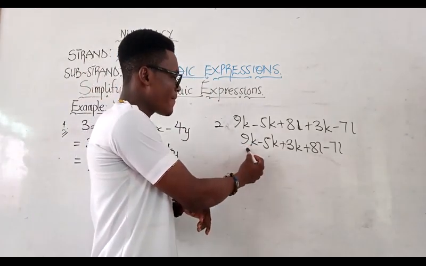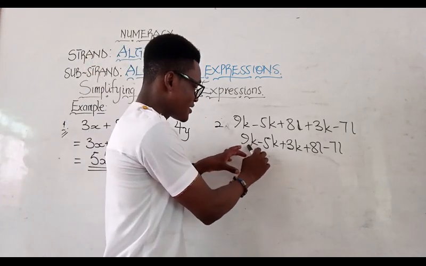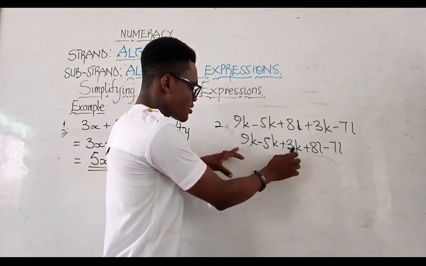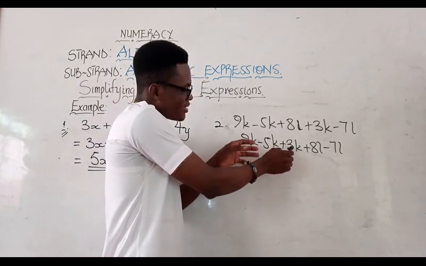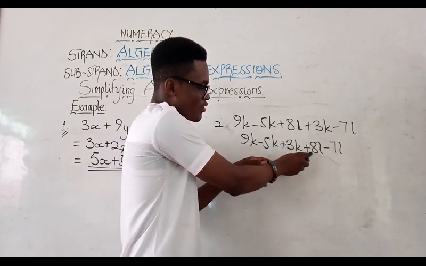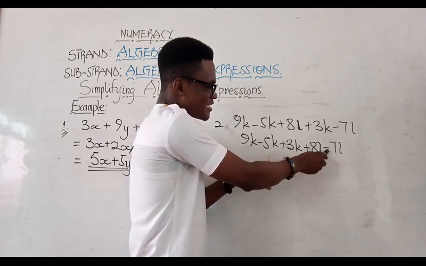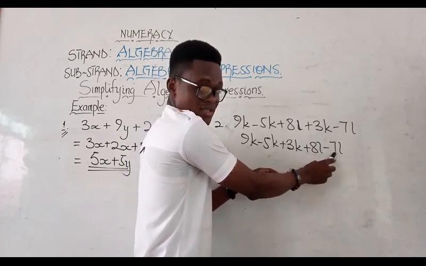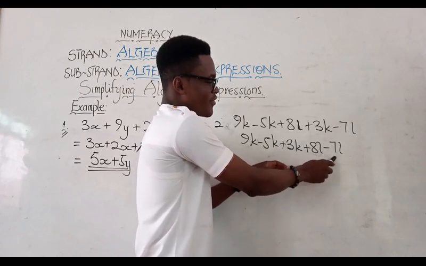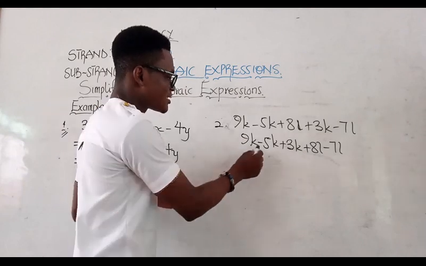So 9k minus 5k will give us what? Let's first and foremost look at only the coefficients of k. So 9 is the coefficient of k, 5 is the coefficient of k, 3 is the coefficient of k, 8 is the coefficient of L, and then negative 7, this minus attached to this, so negative 7 is the coefficient of L. Alright, so this one is negative 5.